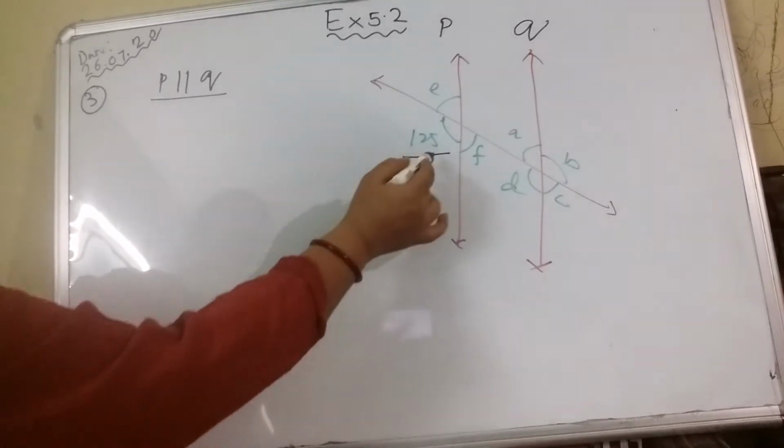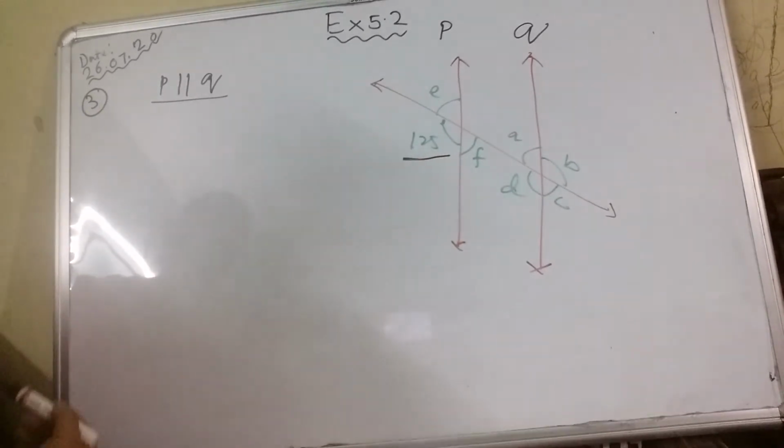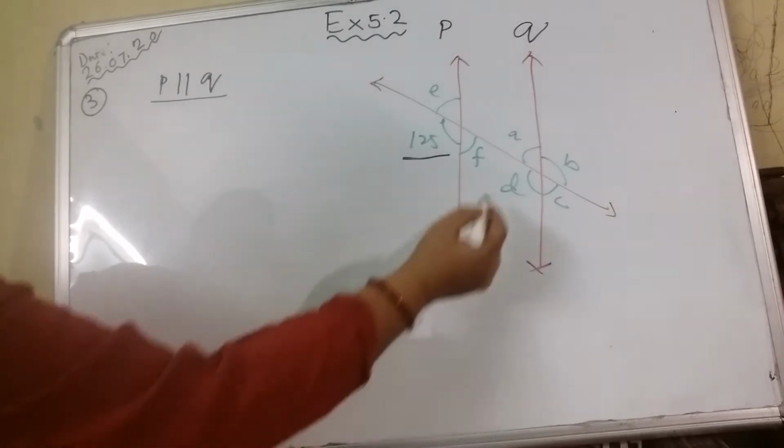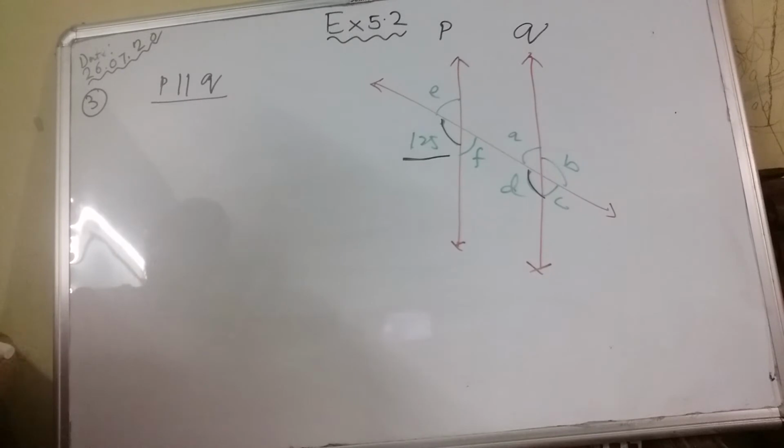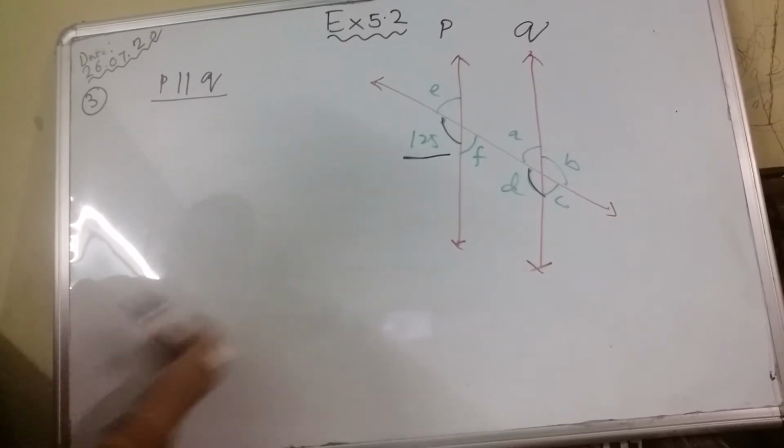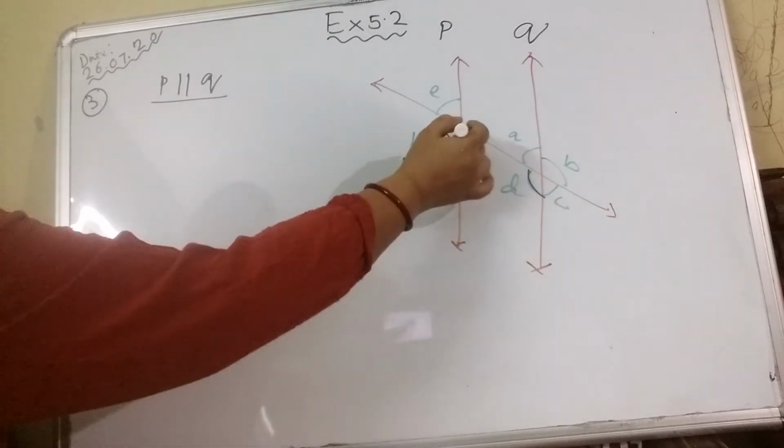Okay, so if it is 125, you can see this angle and this angle are corresponding angles because they are making an F, if you remember.